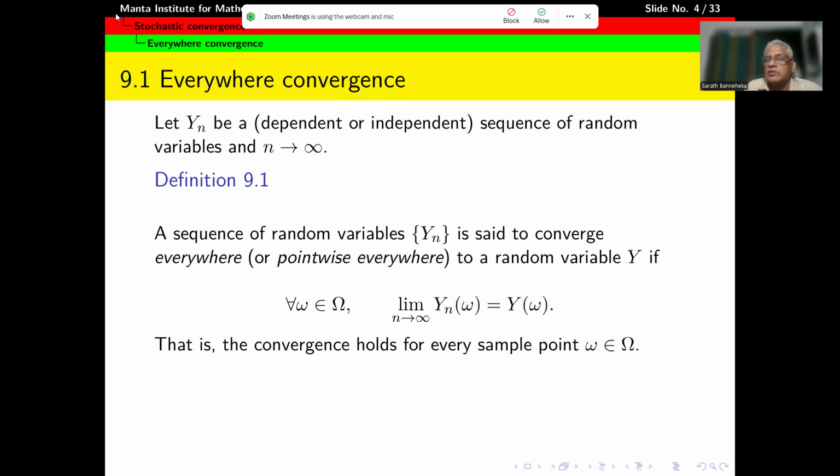Remember, these are random variables, so they are evaluated at the outcomes in the sample space, right?